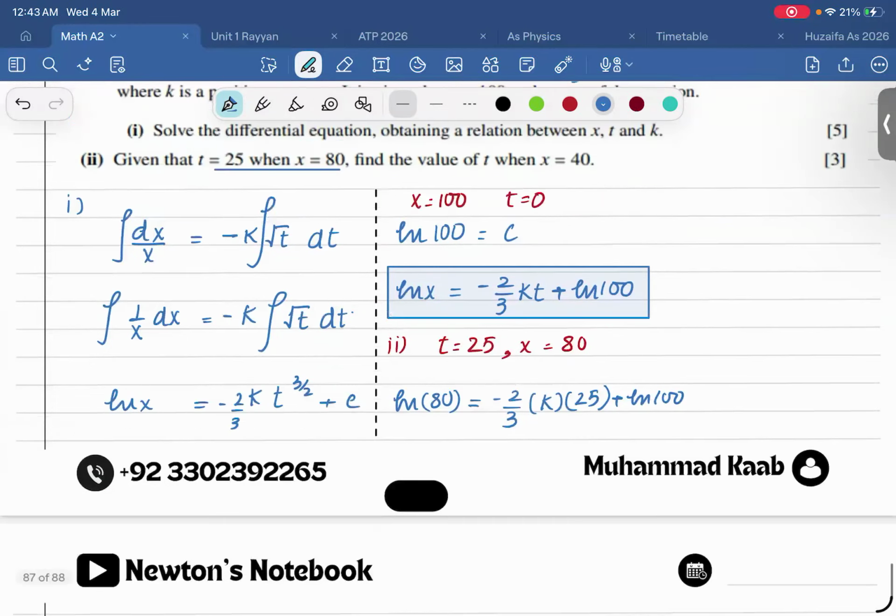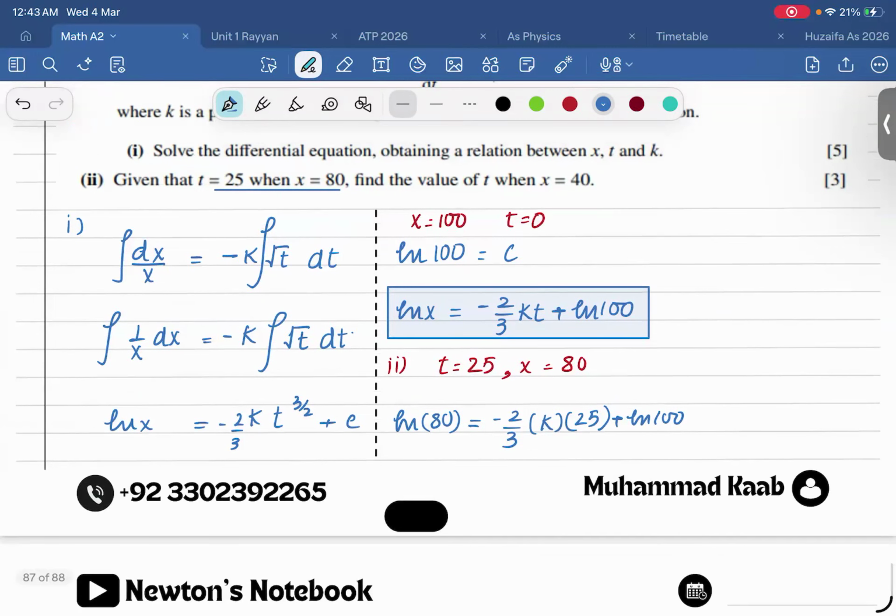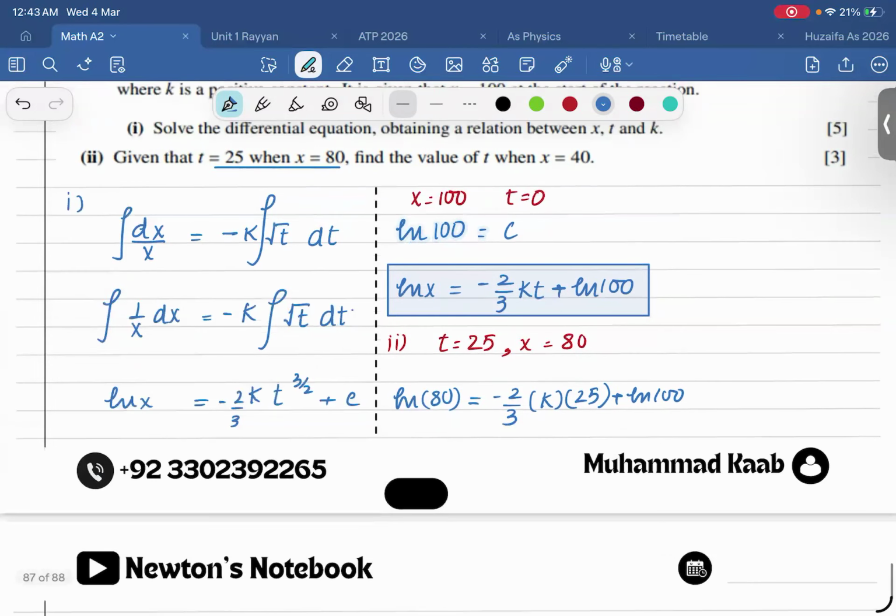Okay, so when you solve, it's 25 raised to the power 3 over 2, so that would be 125. Okay, so ln 80 minus ln 100, or basically ln of 80 over 100, would be ln 0.8, right?